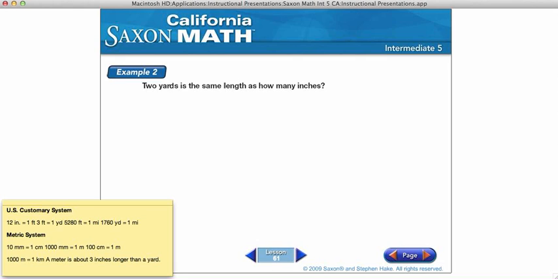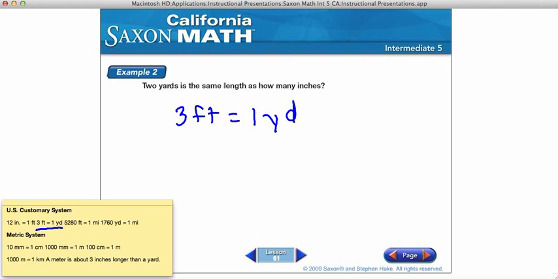2 yards is the same length as how many inches? Well, first I need to know how many inches are in 1 yard. I see here that there are 3 feet in 1 yard. 3 feet equals 1 yard.